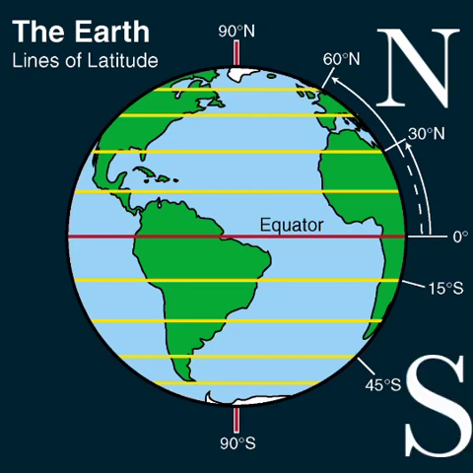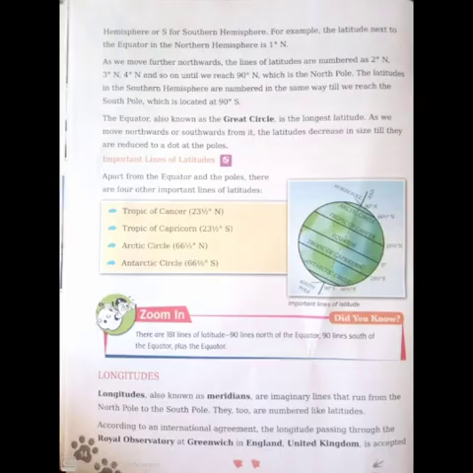For example, the latitude next to the equator in the northern hemisphere is 1 degree N, and the latitude next to the equator in the southern hemisphere is 1 degree S or 1 degree south.